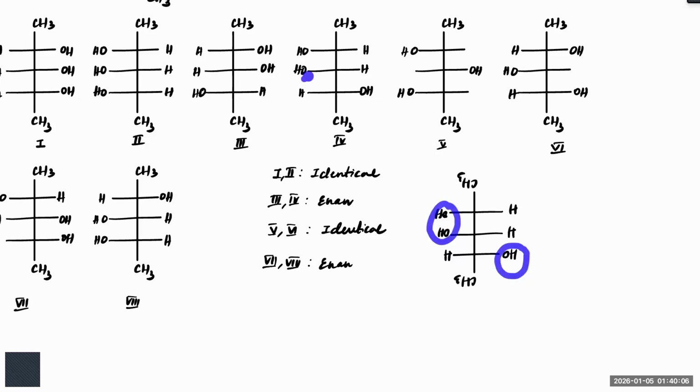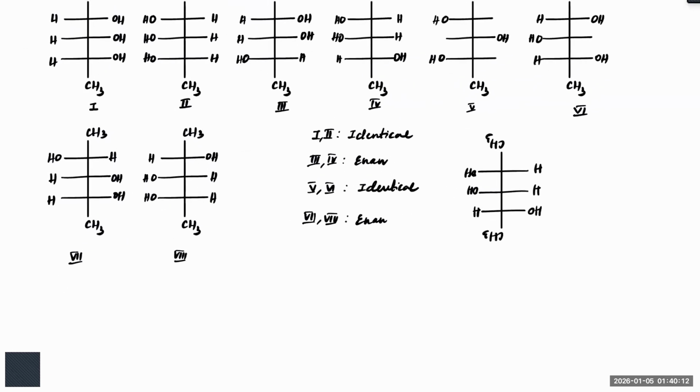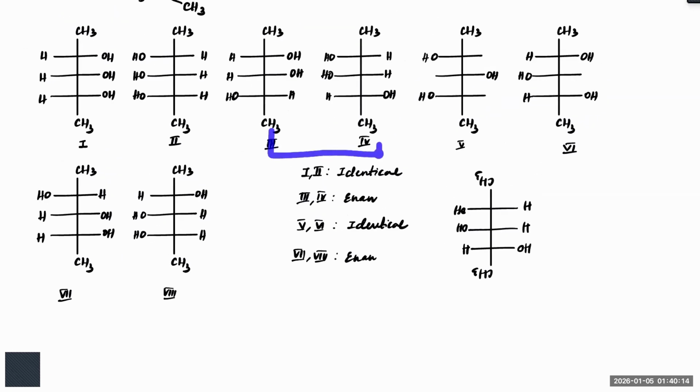Have you noticed that it is already the same in this case? So of course, these two are enantiomers and these two are enantiomers. But unfortunately, this seventh structure and fourth structure are the same again. So 4 and 7 are identical.